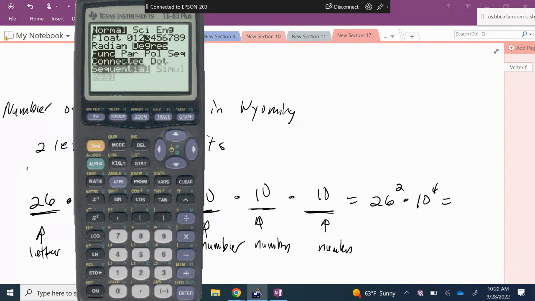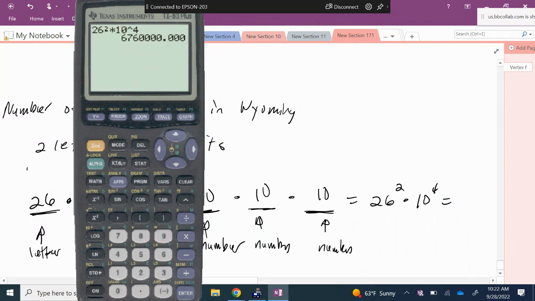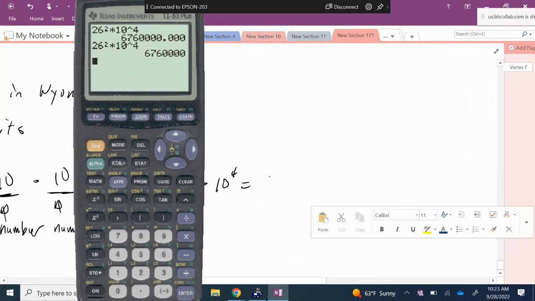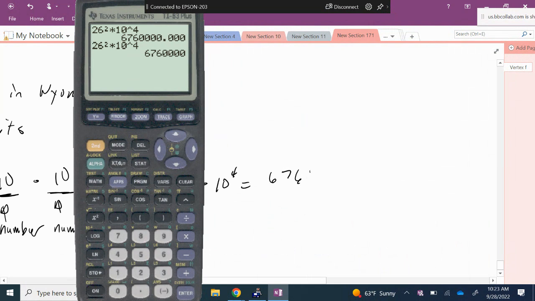So I'm going to go into the mode and put this on float. Now if I go back in and calculate it, it should not round to 3 decimal places. All right, so that is 6,760,000 choices of license plates.